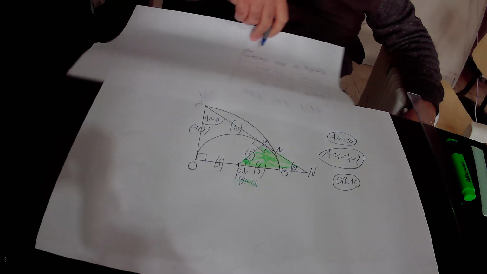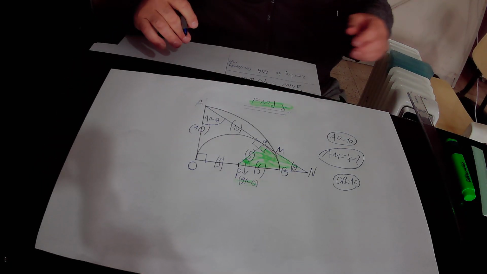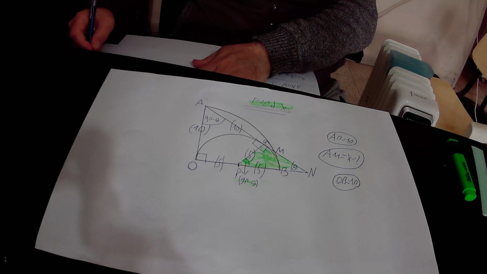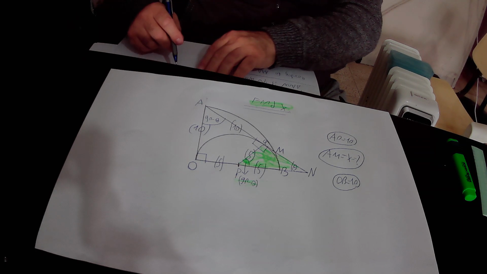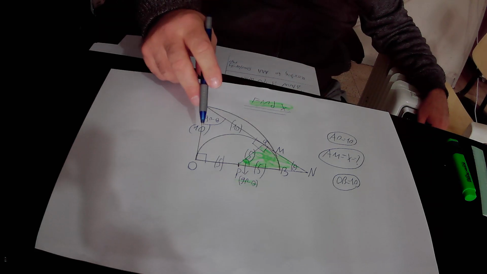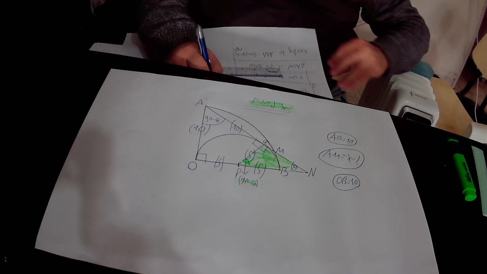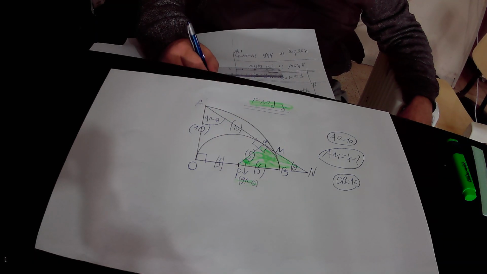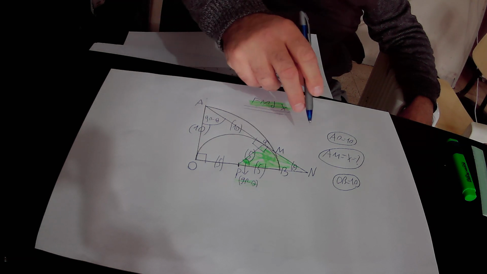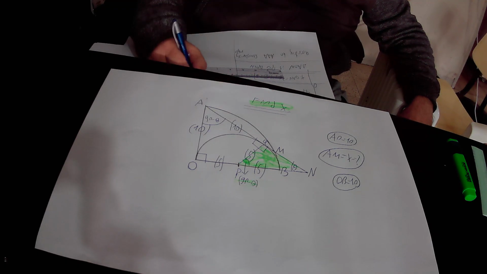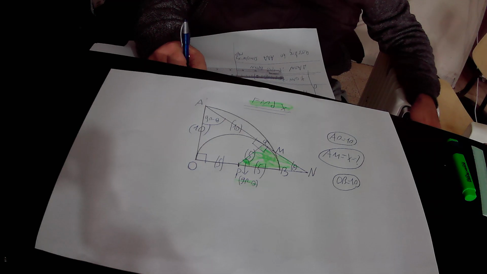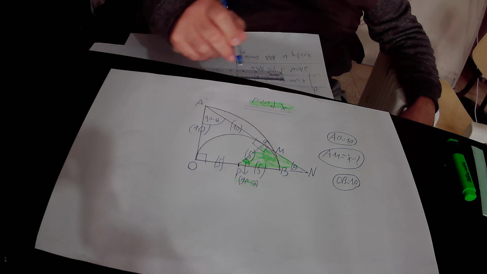And from the fact that those two right triangles are similar to each other, we will derive that the following relationship exists between their sides. Side AO in the big triangle AON over side QP in the green triangle equals side AN in the big right triangle AON over side PN in the green triangle.